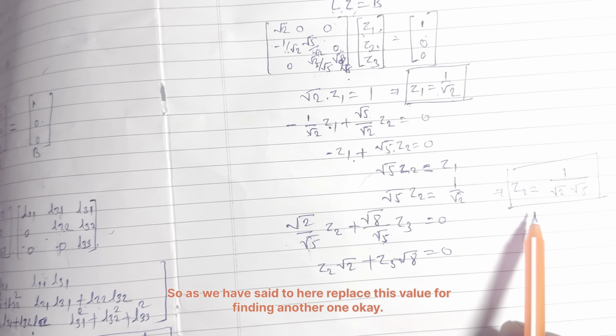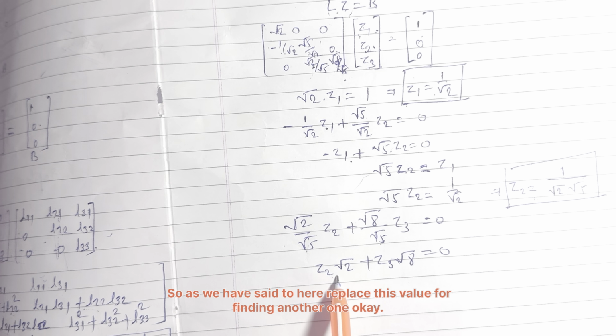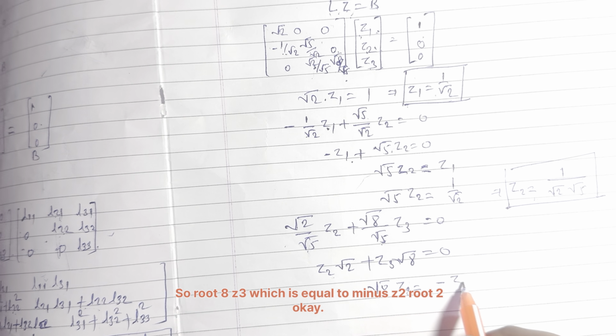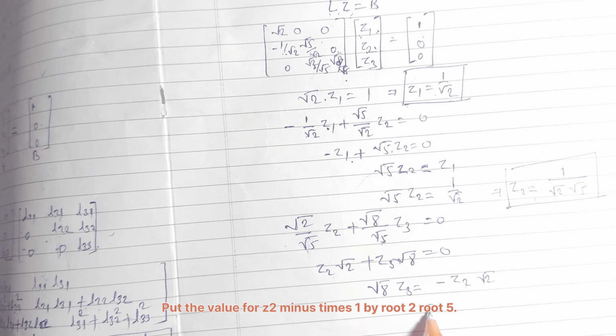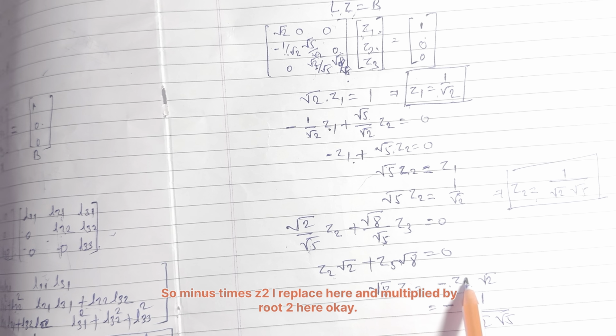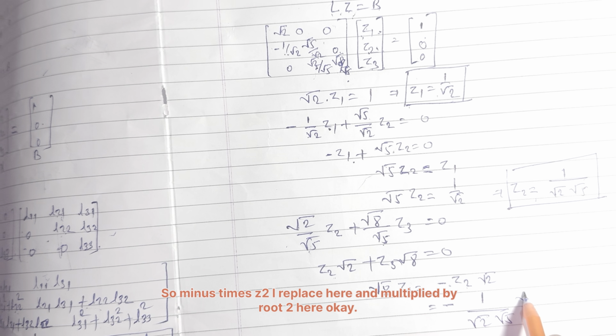As we have Z2 here, replace this value to find the other one. So root 8 Z3 is equal to minus Z2 root 2. Put the value for Z2, minus 1 by root 2 root 5, multiplied by root 2 here.